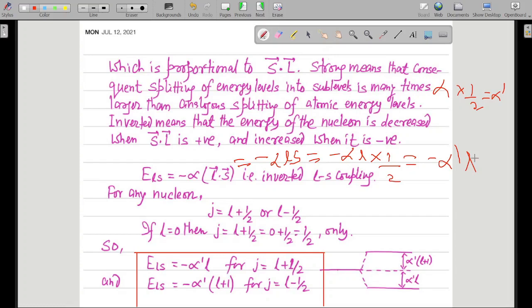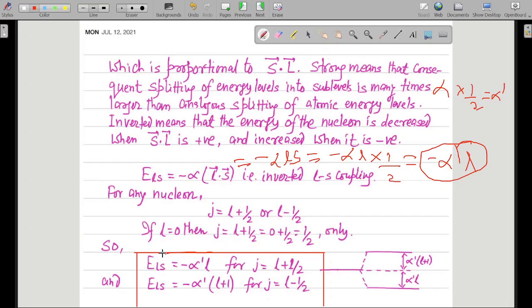Now you know this very well, the energy for lower J value. You can see this expression is matching with this particular expression.